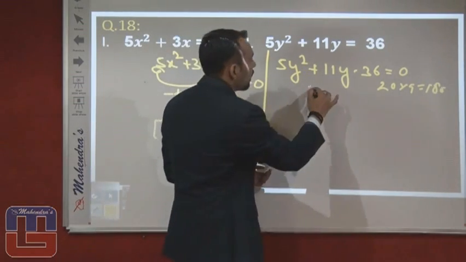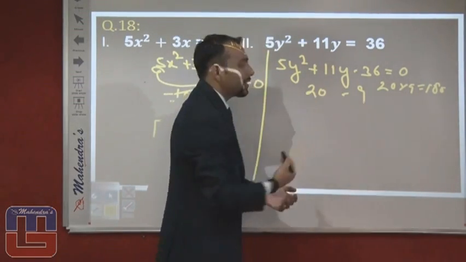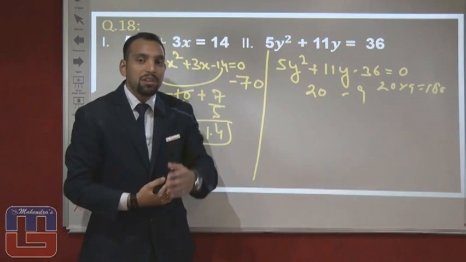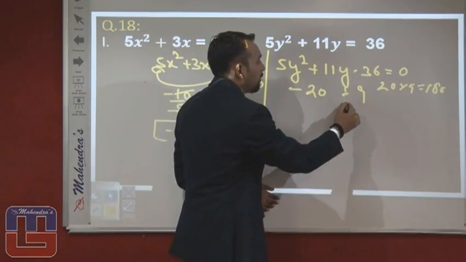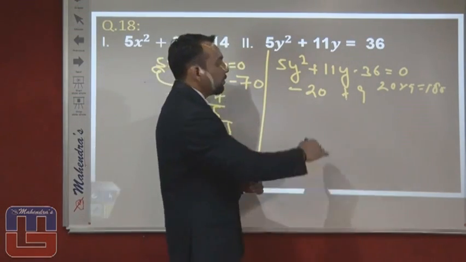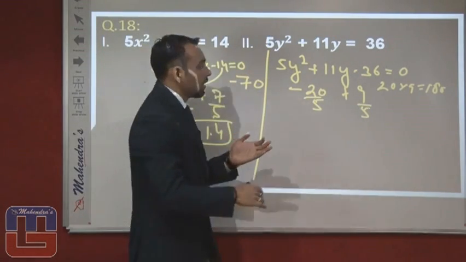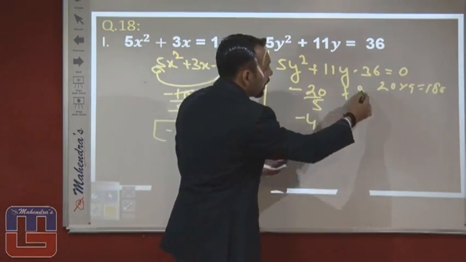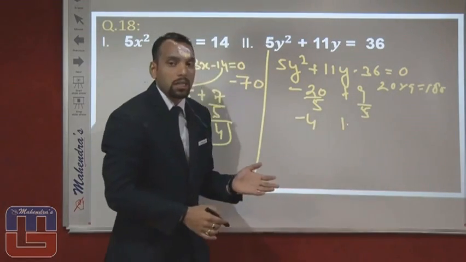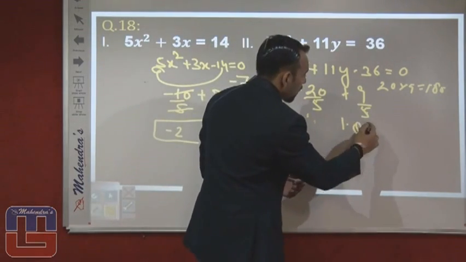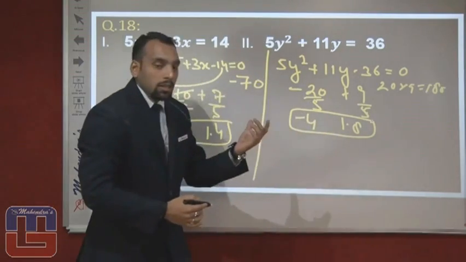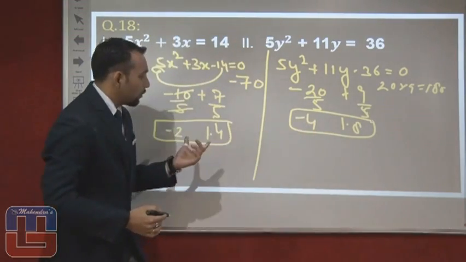So the numbers will be 20 and minus 9. The sign will be changed. This will become negative, this will become positive. Divide by the coefficient as we already discussed. Here we will get minus 4 and here we will get 1.8. Now these are the values of y and these are the values of x.